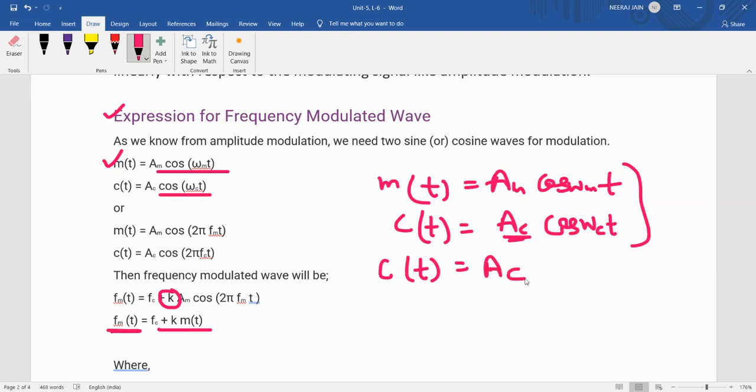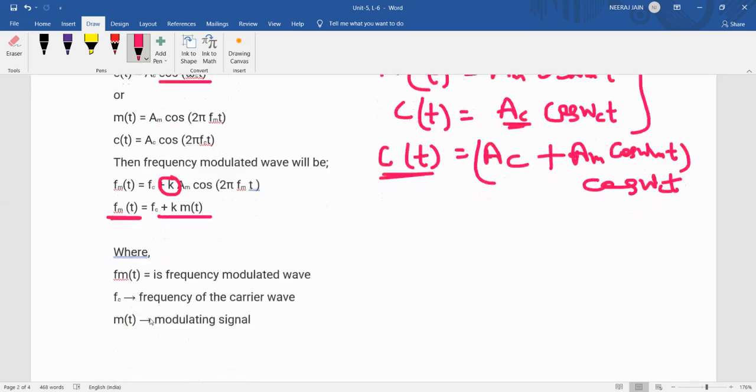In that case we add Ac plus Am cos(omega m t) to this signal, then that is the cos(omega c t). So that is our signal equation, but here we change the frequency.